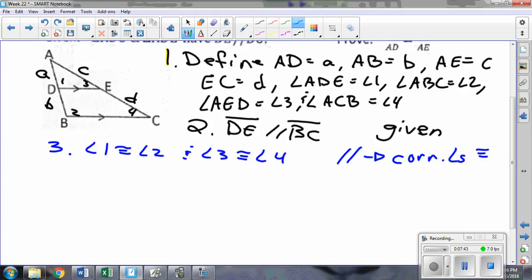Knowing that we have those two pairs, angle and angle, as I just mentioned, having two pairs of angles sets up angle-angle similarity, telling us that triangle ADE is similar to triangle ABC.